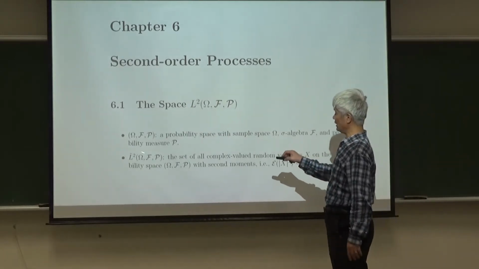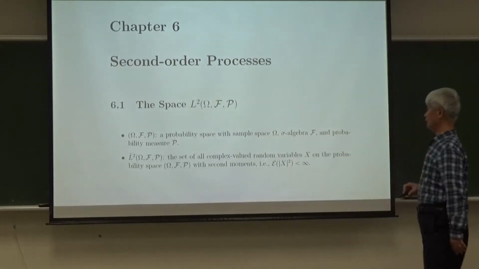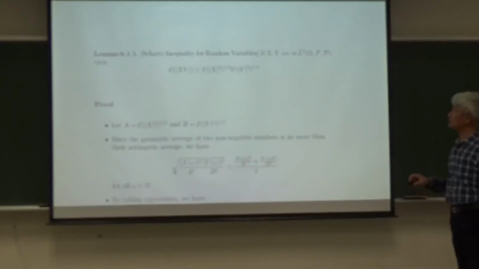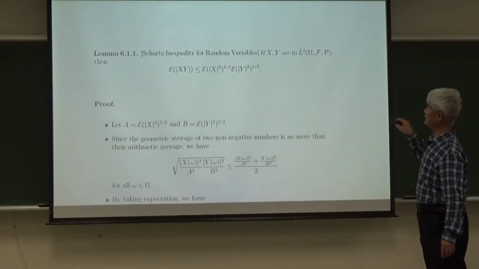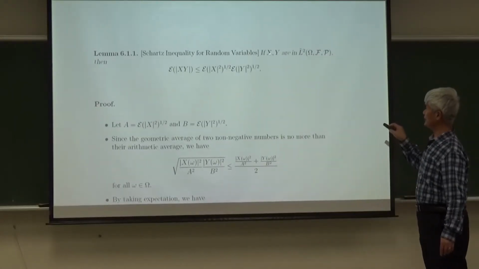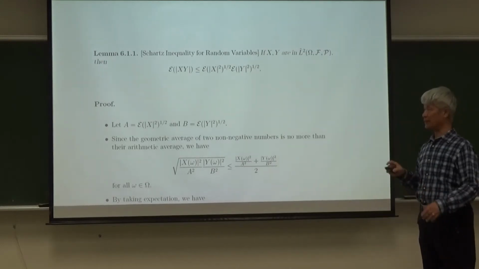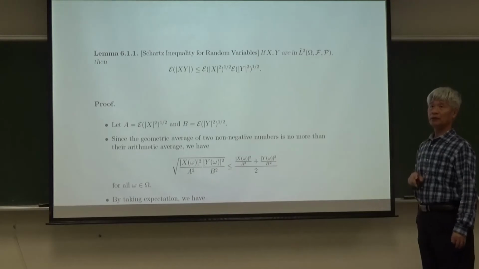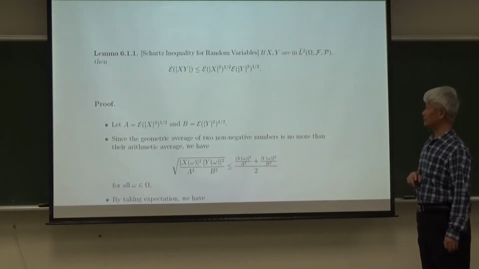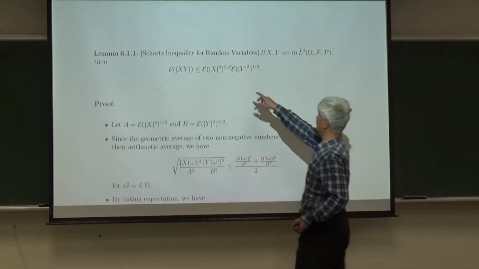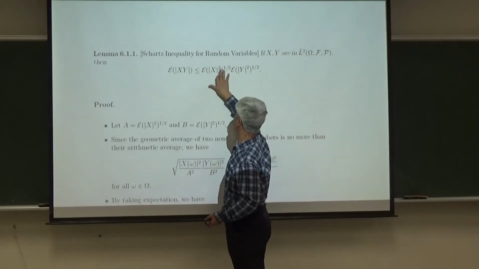Right. So first of all, L tilde is a set of all complex valued random variables. So in L tilde, if X and Y are in this vector space, that means that each of them has finite second moment. Right? So it has finite second moment. That's why this is finite.